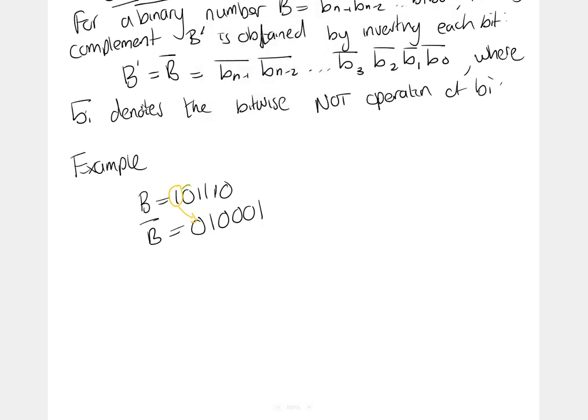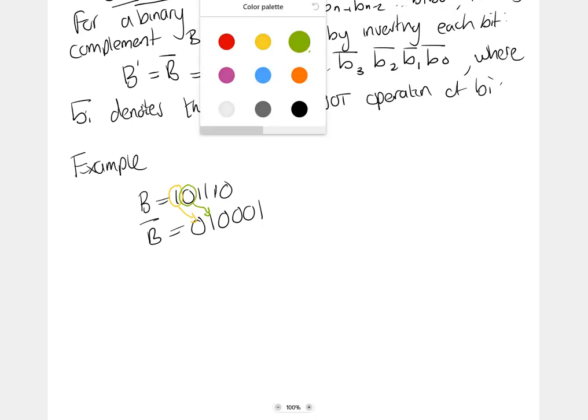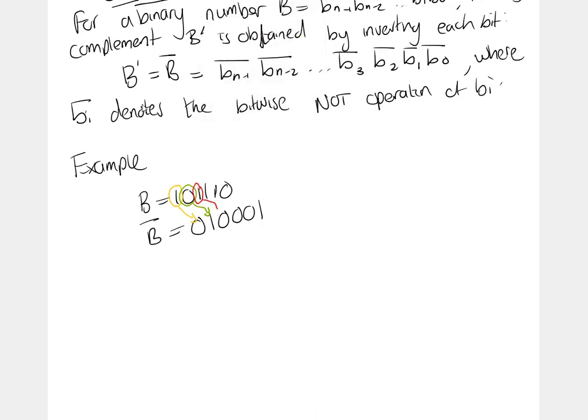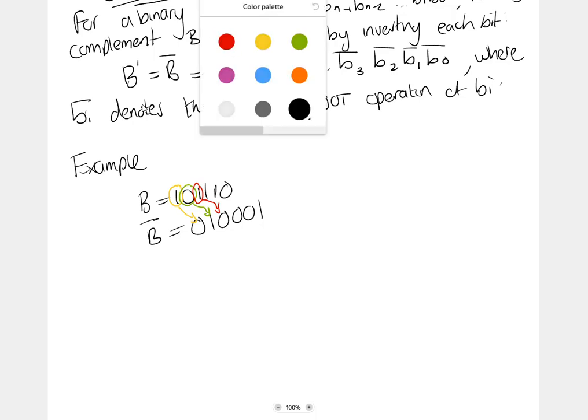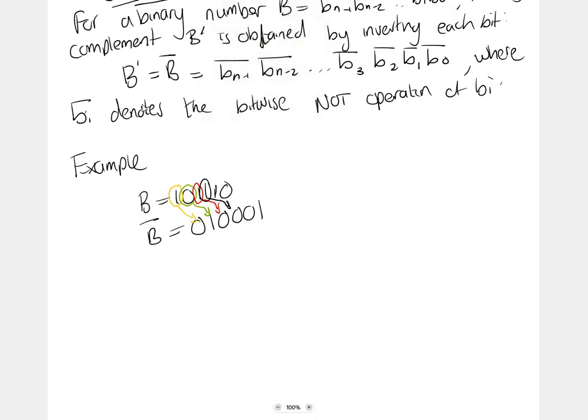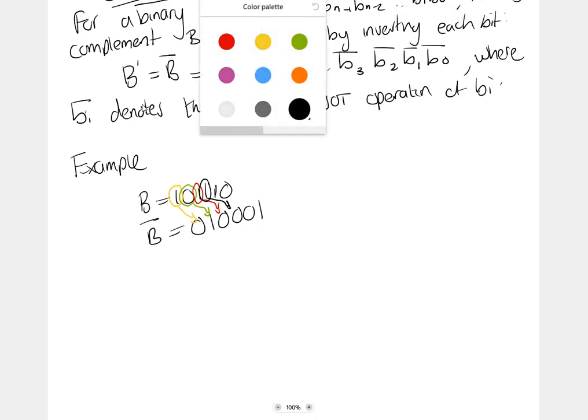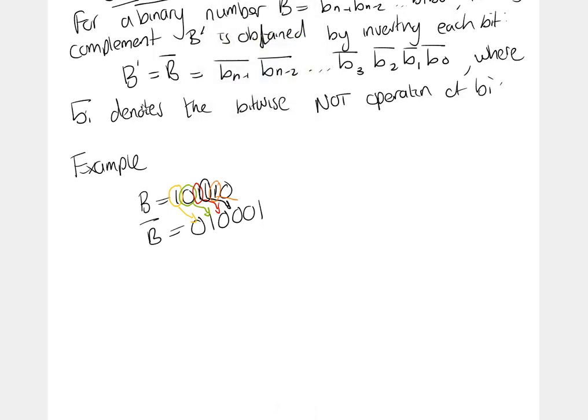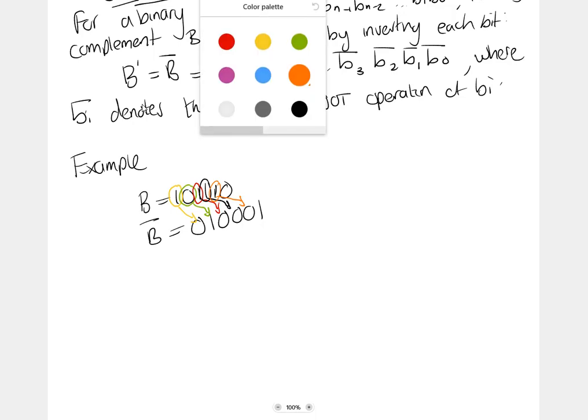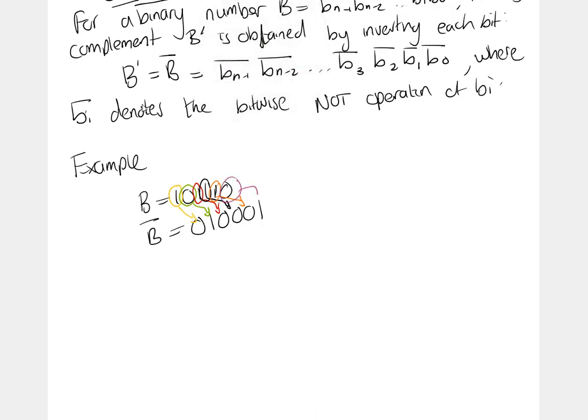This 0 became a 1. This 1 became a 0. This 1 became a 0. The next one also became a 0. And then the final 0 became a 1. In other words, we just flipped the bits.